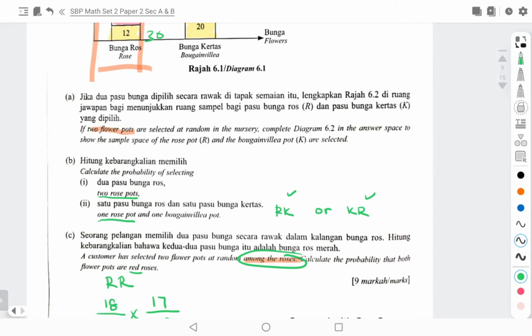After you select one flower out, you are not putting it back. So if you have 80 flowers, after you select one out and you are not replacing it back, of course the total will be less one. Then it becomes 79.